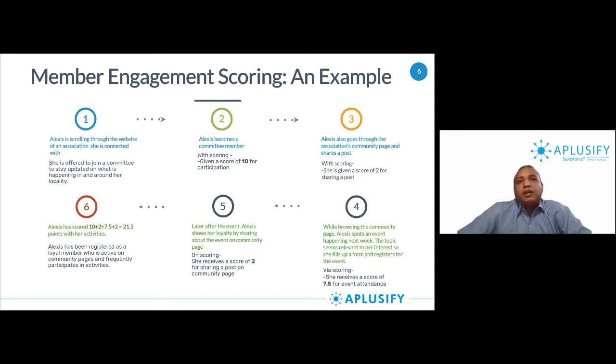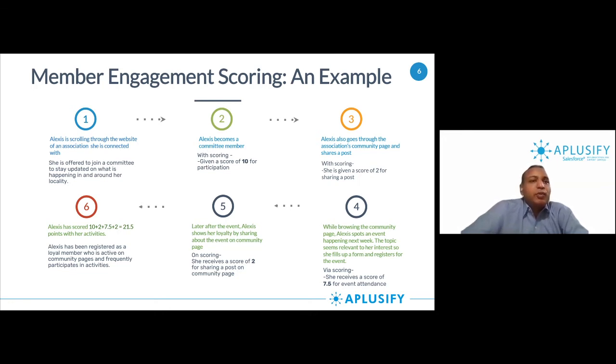Similarly, on adding up, you get a score for Alexis. She scored 10 for becoming a committee member, and she scored 2 for sharing a post. She receives 7.5 for registering for an event, and she receives a score of 2 for sharing that event post, right?